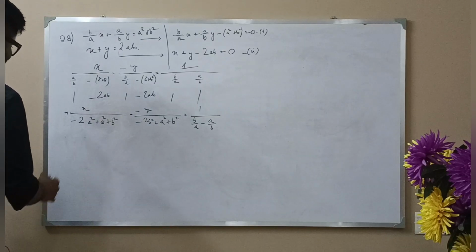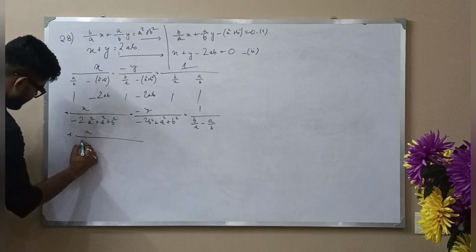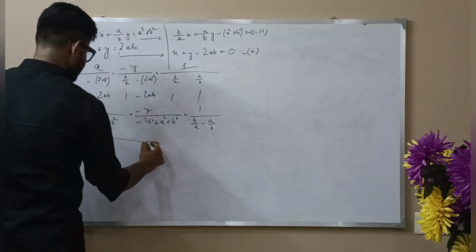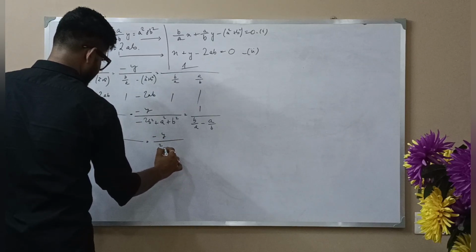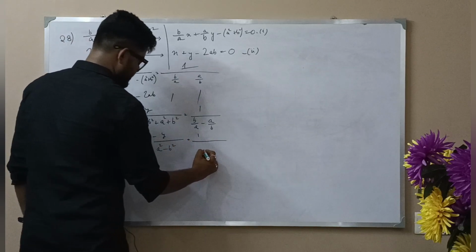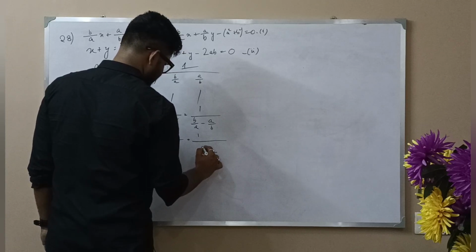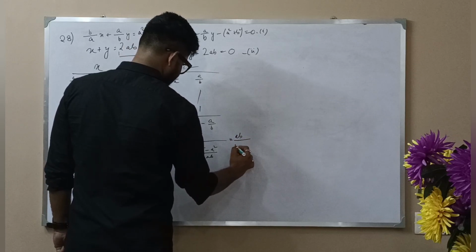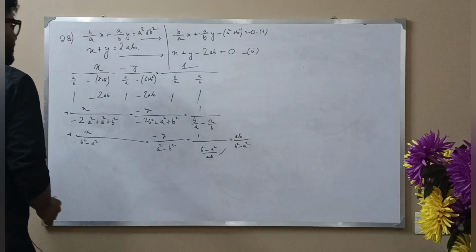Okay, so from this part we can write b square minus a square equals to minus of y by a square minus b square. I'll take LCM of ab, b square minus a square. So we can write ab by b square minus a square.